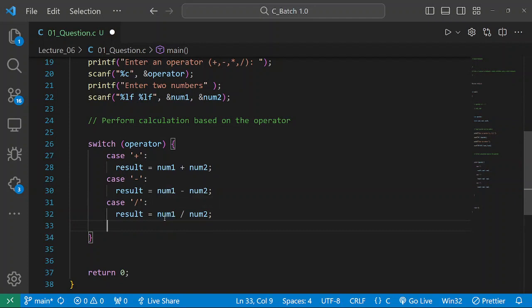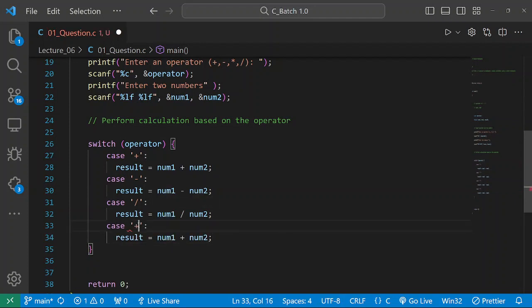Then after that the last case will be multiplication. First take multiplication, as per the order we gave here, so that in this way we can go with no issues. Order can change, but following a proper order is good practice. So these are all my cases.